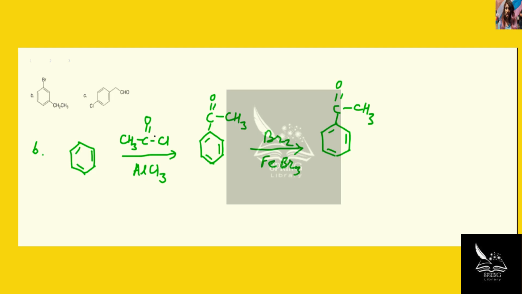After this, we need actually an ethyl group here in place of the acetyl group. So any reduction you can do, you are doing here Clemmensen reduction. That is zinc amalgam in presence of HCl.